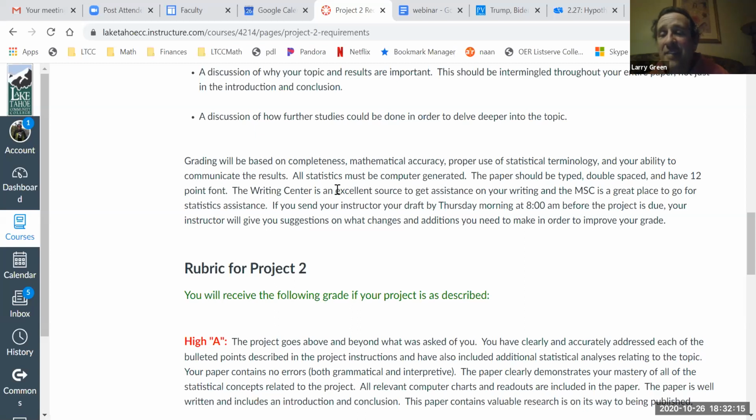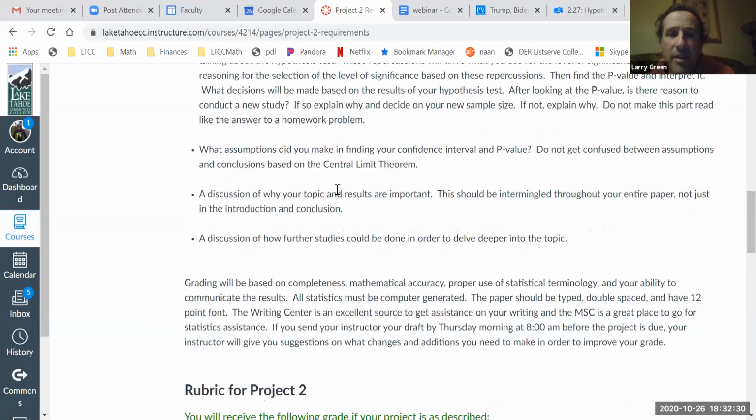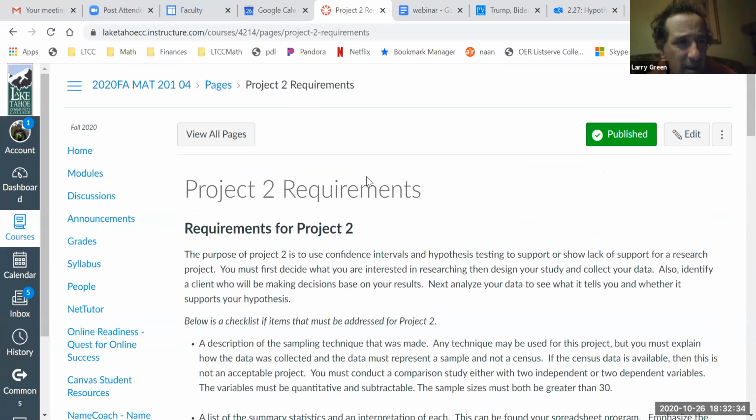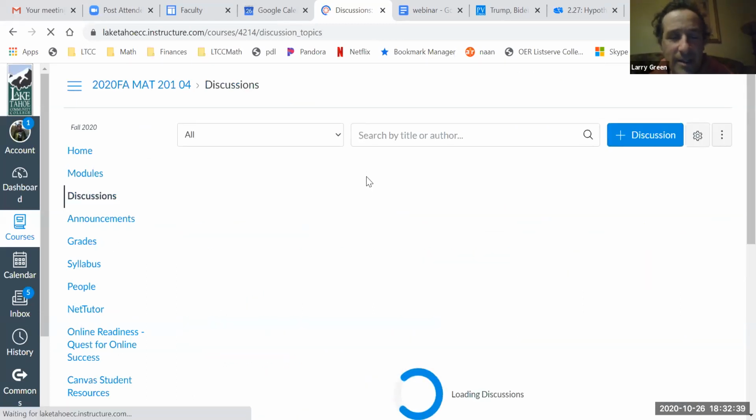Will I check the rough drafts again? Yes. Only if it's done on time, Thursday morning by 8 a.m. And again, first come, first serve. So doing it a little earlier is better so I'll get back to you faster. Similarly, you're going to post when you're ready on the Project 2 discussion board.